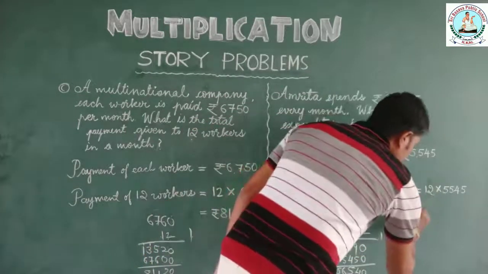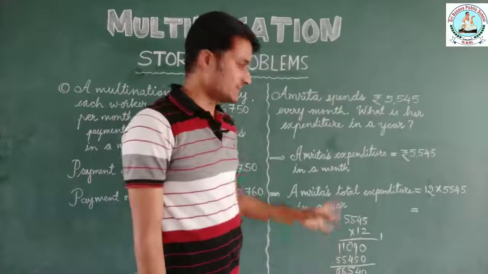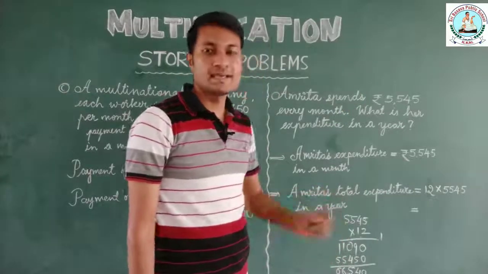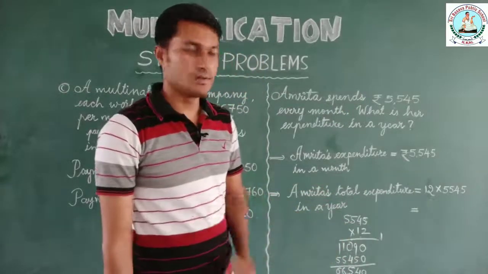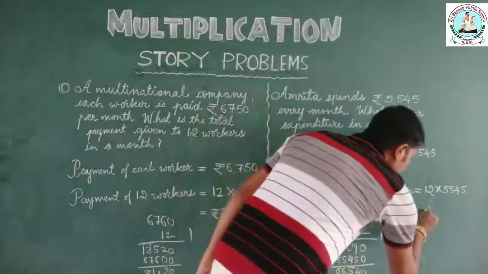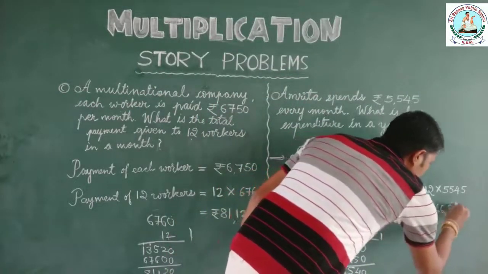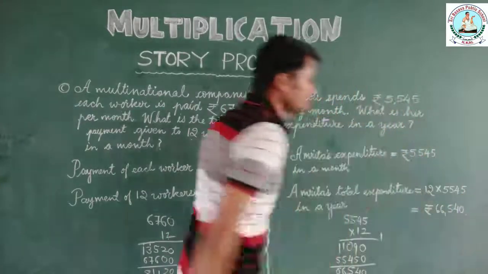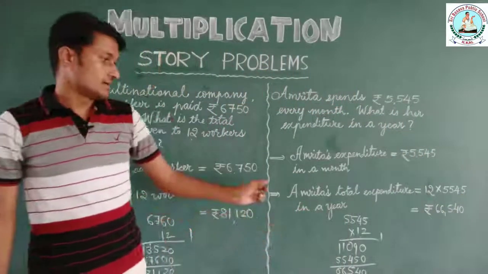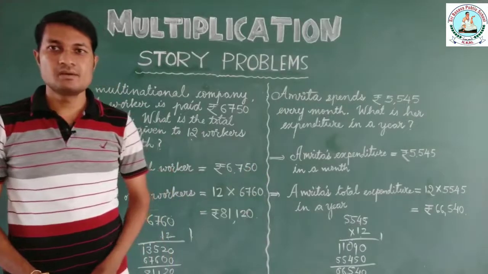So this is her total expenditure in a year. What is that? Rupees 66,540. So this is Amrita's total expenditure in a year.